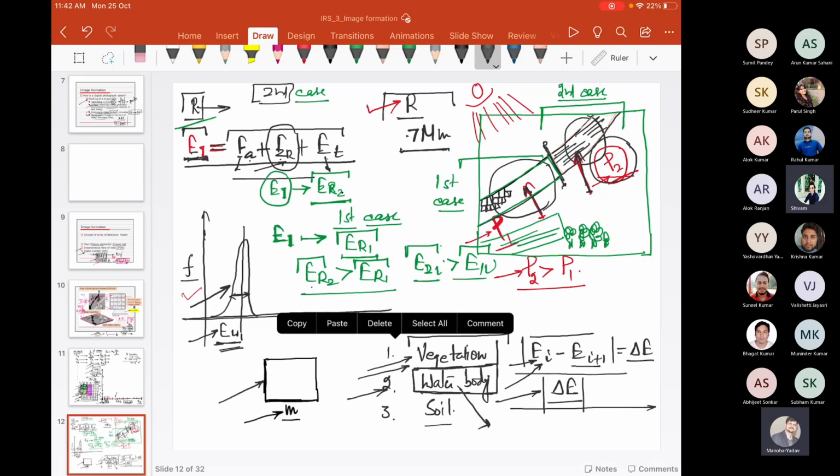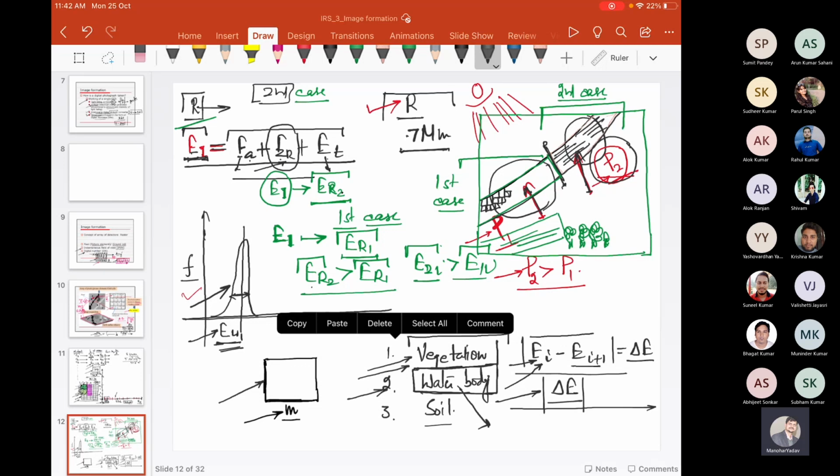Corresponding to the first case, that is clear water, we have a reflected energy component ER1. While in the second case, that is turbid, where I use the nomenclature rho 2 for the reflectance, there we have a reflected component ER2. This energy goes towards the sensor.